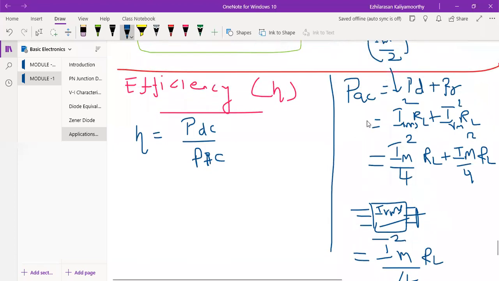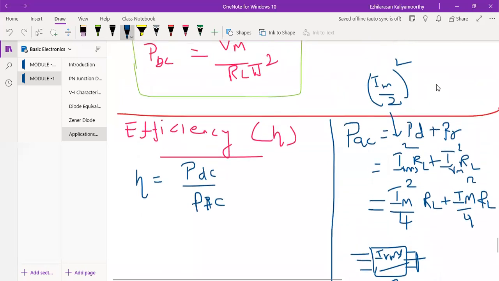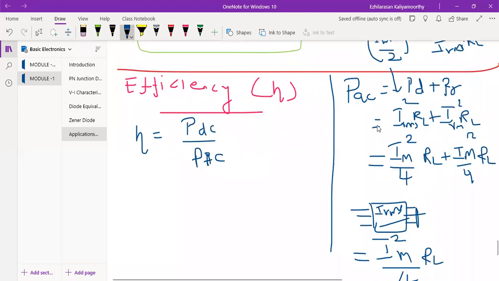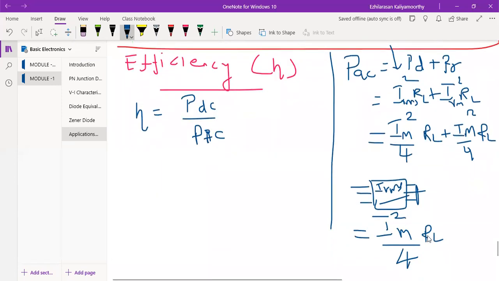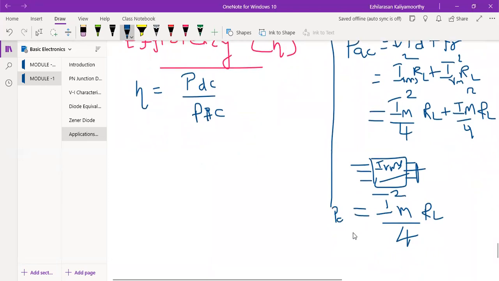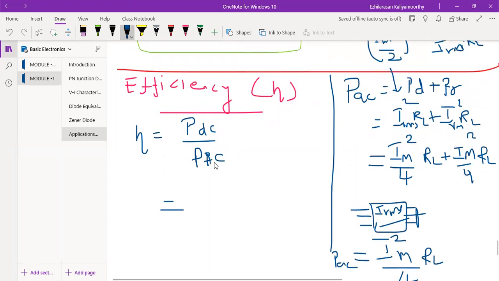Or very simply, the total input power PAC is IRMS square into RL. So don't worry about this, you take this only: IRMS square into RL, where IRMS is nothing but Im by 2, the whole square, means Im square by 4 RL. So this will be your PAC. Now what you have to do: we already know the value of PDC and PAC, we have to substitute, then you get the value. So this will be worked out in the next class to find the efficiency.